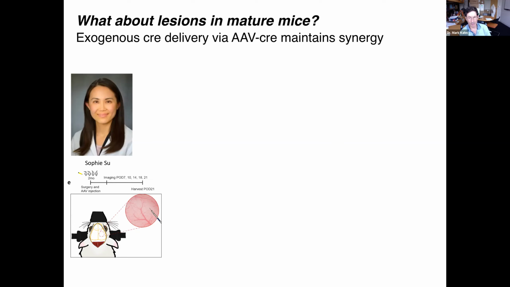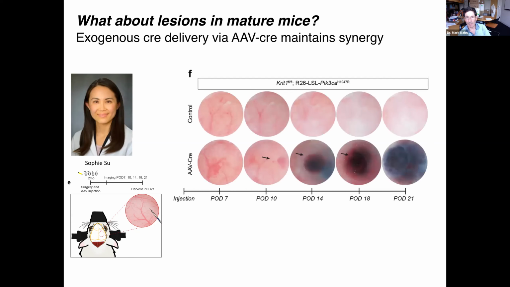And rather than using a genetic system to deliver CRE, which we had found to be very imperfect because of leak of that system, we were now going to deliver the CRE by injection of a viral vector. And so this would get around the leak. And indeed, when we do that in animals that have both conditional CCM1 and gain of PI3 kinase alleles, we find that we can induce a very robust lesion formation.